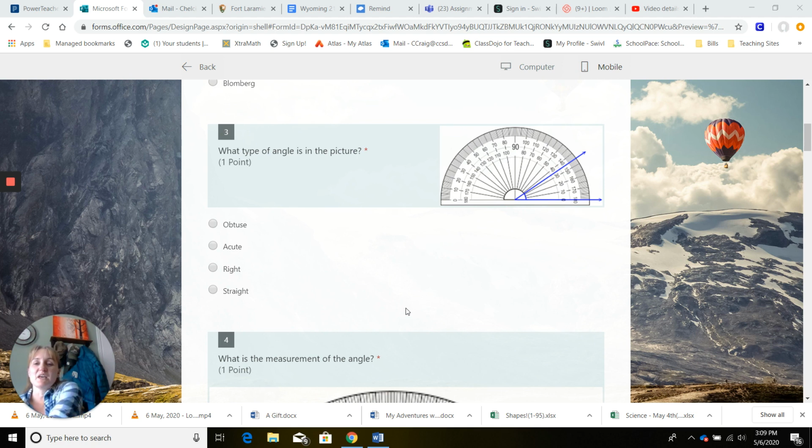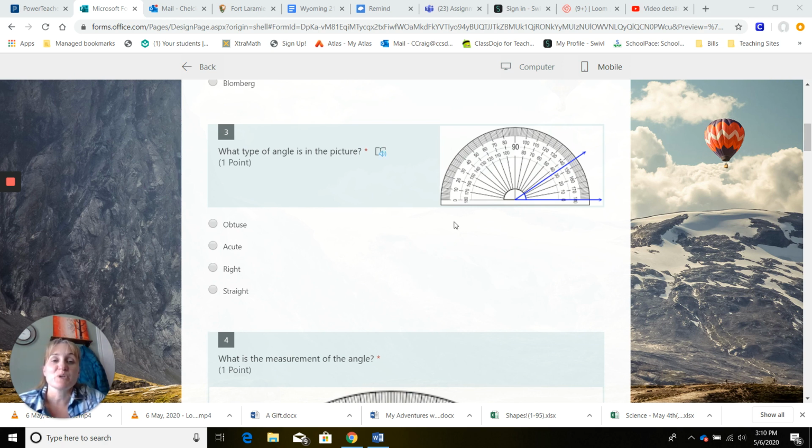So what type of angle is in this picture? That's always the first thing you want to look at. I know I mentioned it last Friday that you can't measure an angle if you don't know what type of angle it is. I also know that Mr. Moser reiterated the exact same thing.